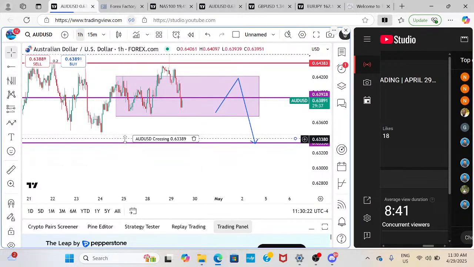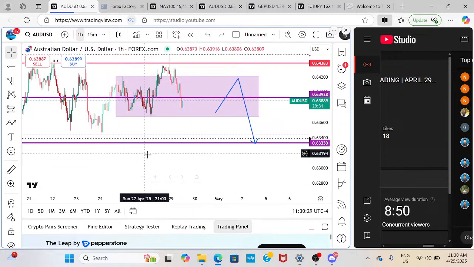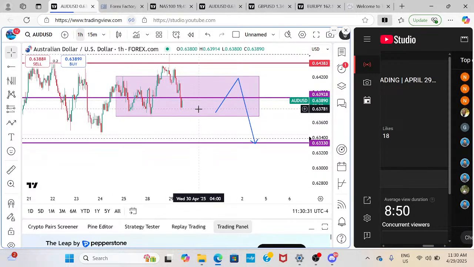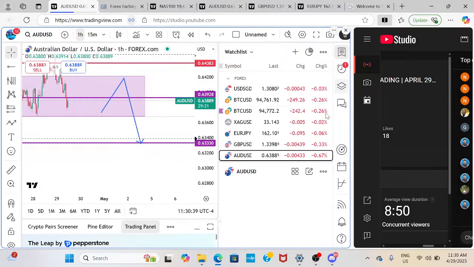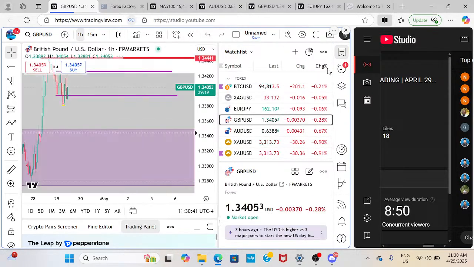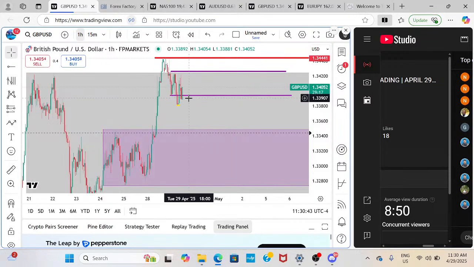So yeah, so far I've analyzed gold, analyzed GBP/USD. For gold, I said it's going to sell. Okay, so I'm expecting the price to sell. For GBP/USD, I'm also expecting the price to sell.